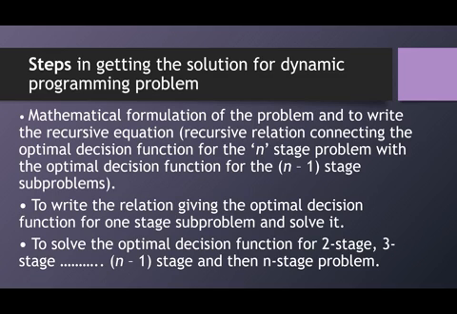In turn, this factorial of 4 can be written as 4 into factorial of 3. So for any nth value, the factorial is decided based on the n minus 1th value's factorial, right? The same case here.